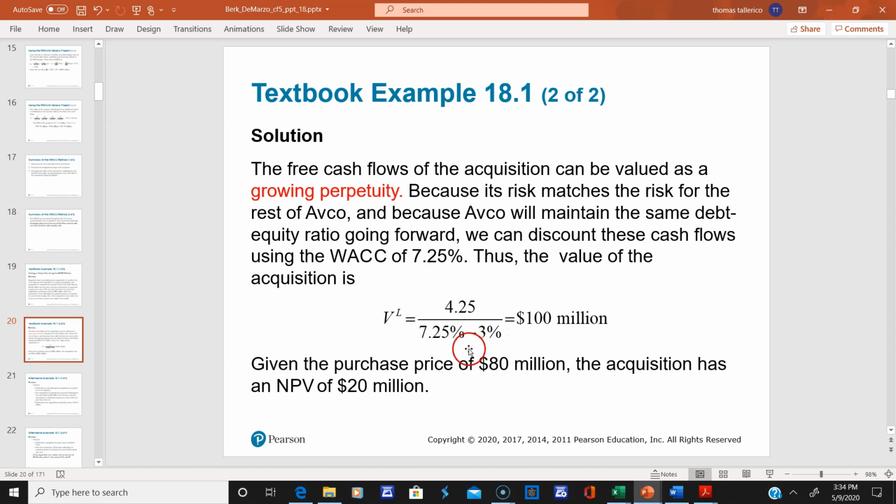Here's the growth rate. So given the purchase price of $80 million, the net present value is 100 minus $80 million, and it's $20 million, because they gave you an $80 million purchase price in the previous slide.